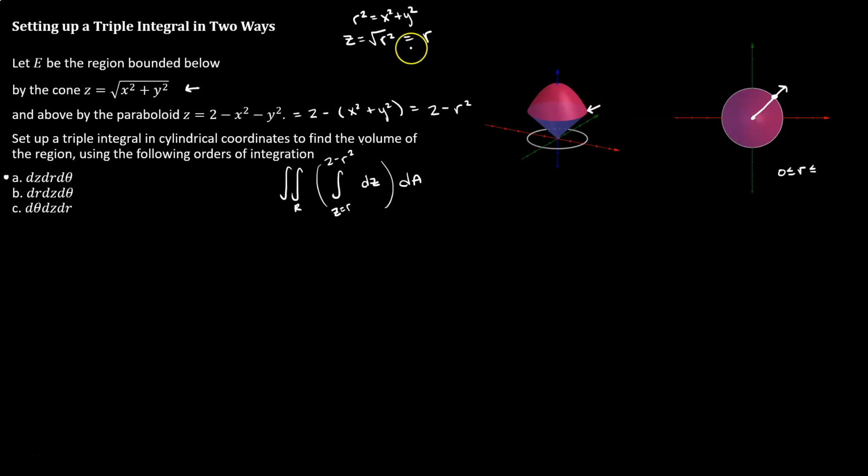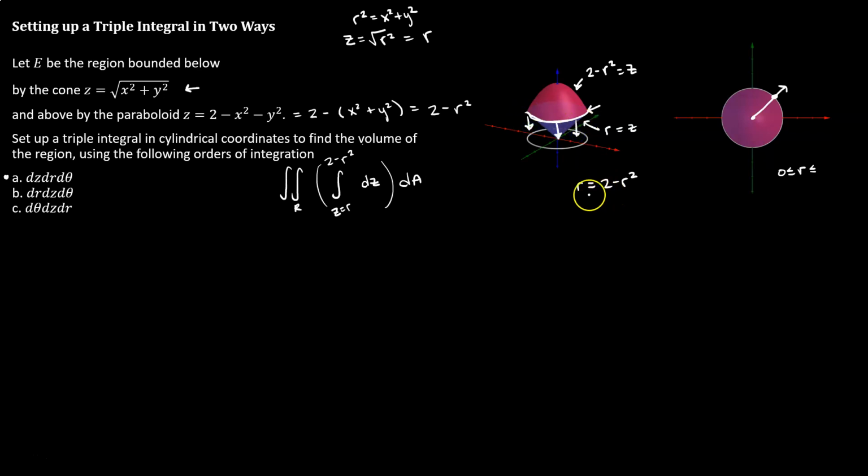Remember that we've rewritten them in terms of polar equations. It'll be easier to work with them that way. So the paraboloid, we said, is 2 minus r squared, and the cone is just equal to r. And both of these were solved for z, which means we can set them equal to each other. So we have r equals 2 minus r squared. That will give us this curve of intersection, but projected down into the r theta plane.